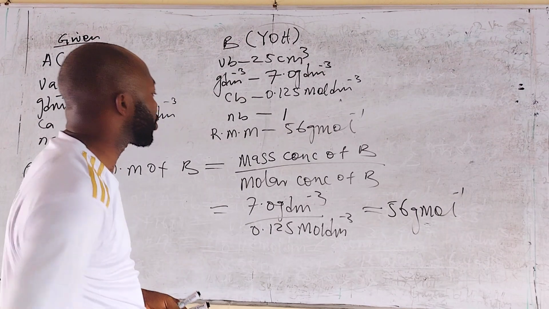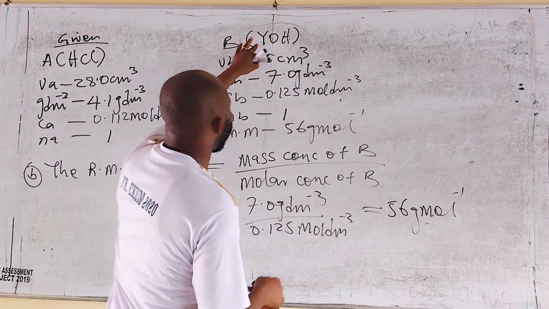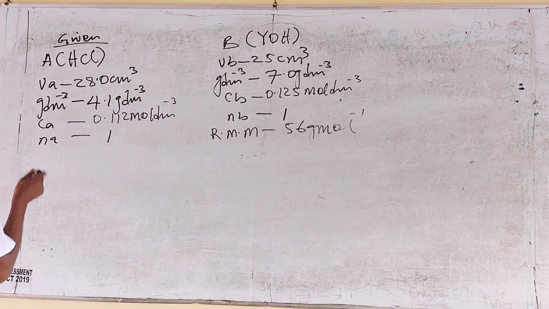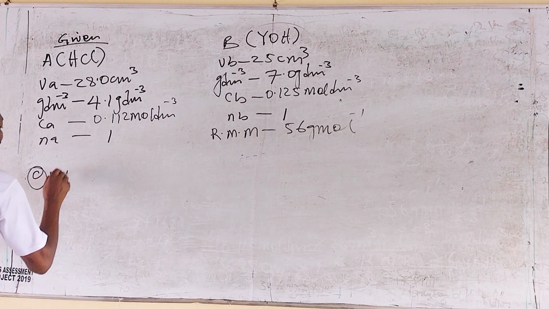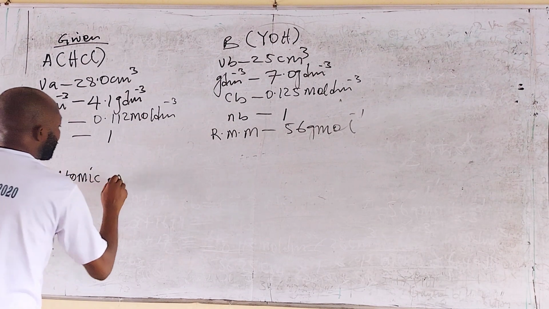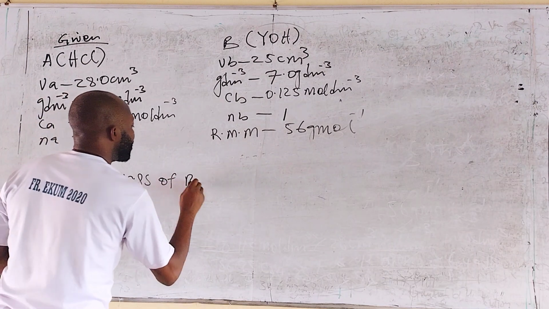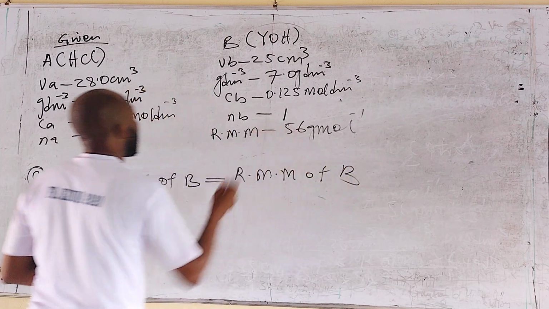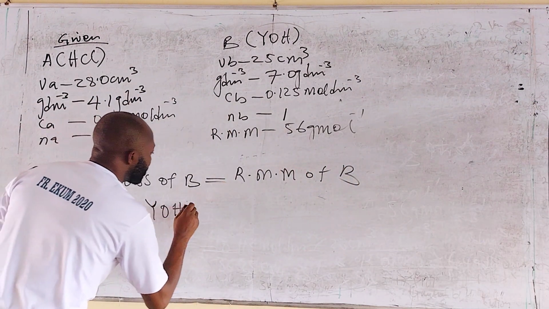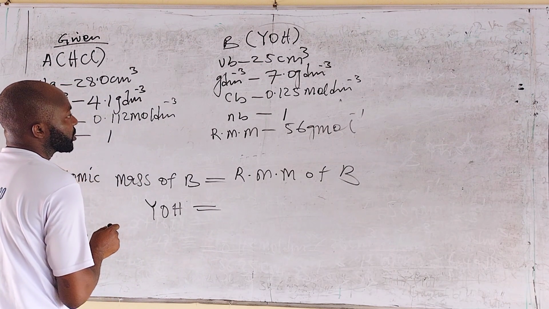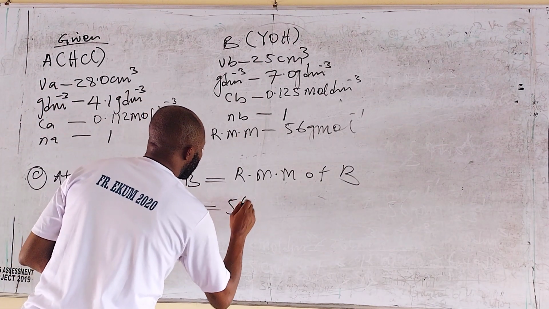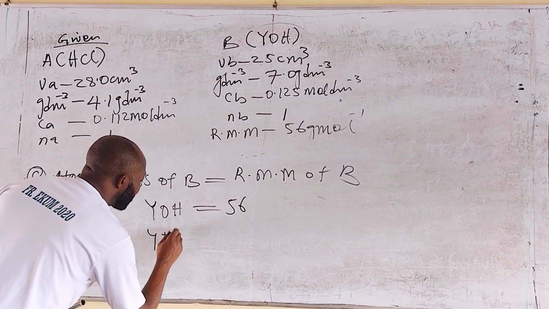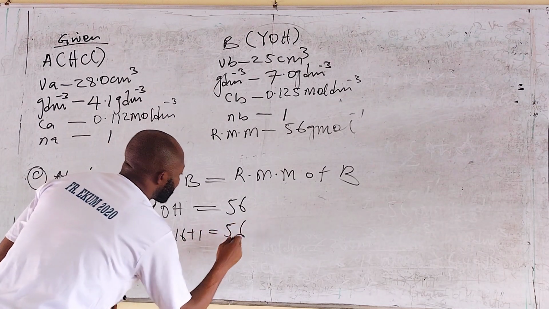So for us to get the atomic mass of Y, now we proceed. The relative molecular mass of YOH is 56 g/mol. So this is Y plus 16 plus 1, which is 17, equals 56.